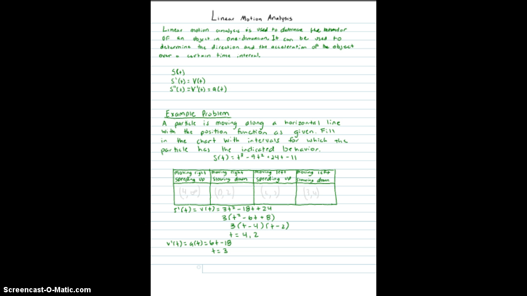Okay, now you're going to analyze the sign diagrams to see which intervals you want to move over to the chart. In the velocity sign diagram, if it's positive, that means the particle is going to the right, and if it's negative, it means it's going to the left.